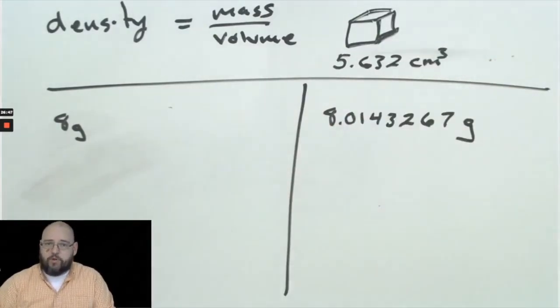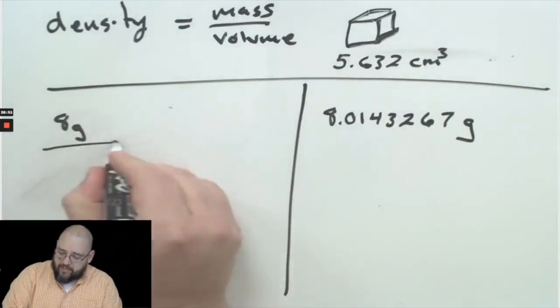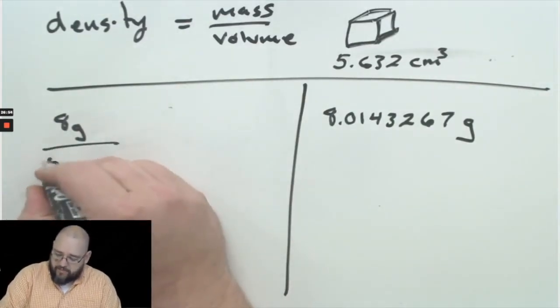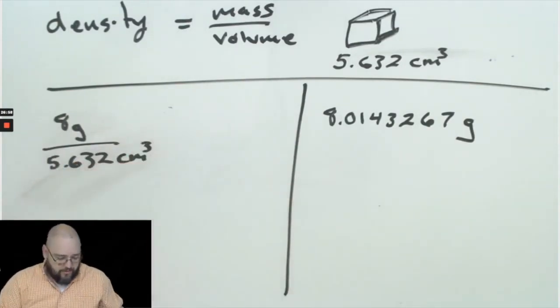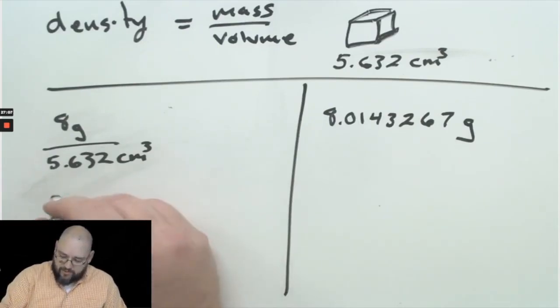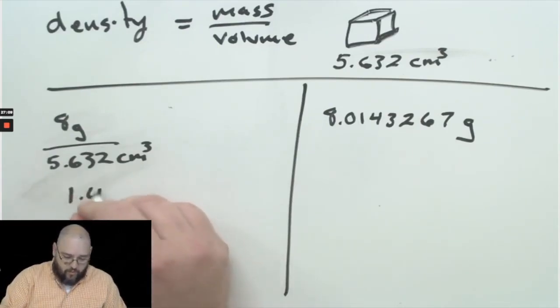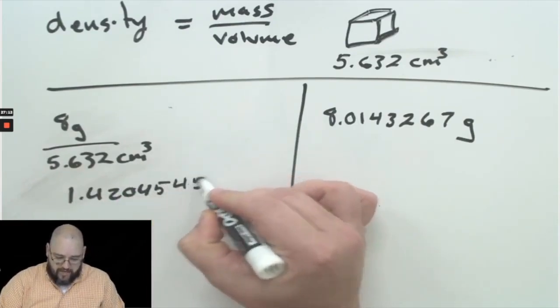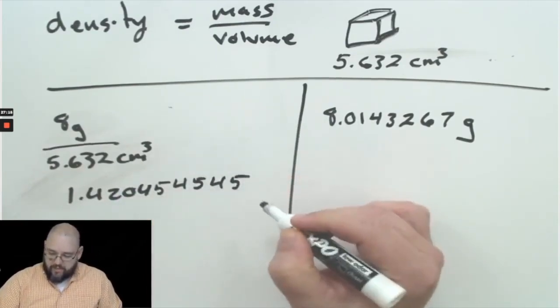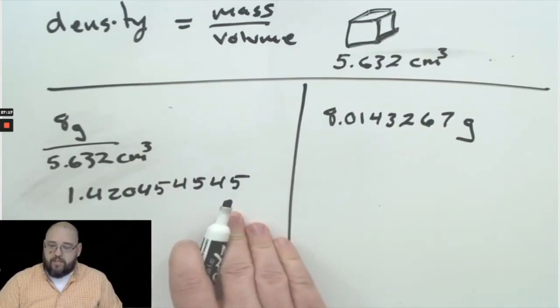To find my density, I take my 8 grams and divide by 5.632 cubic centimeters. When I do 8 divided by 5.632 in my calculator, I get an answer of 1.4204544545. This is what the calculator gives me.